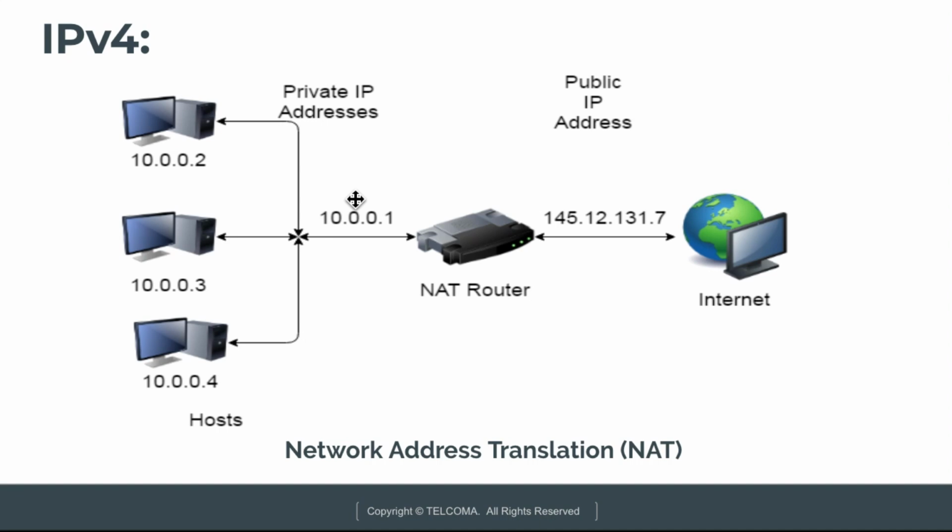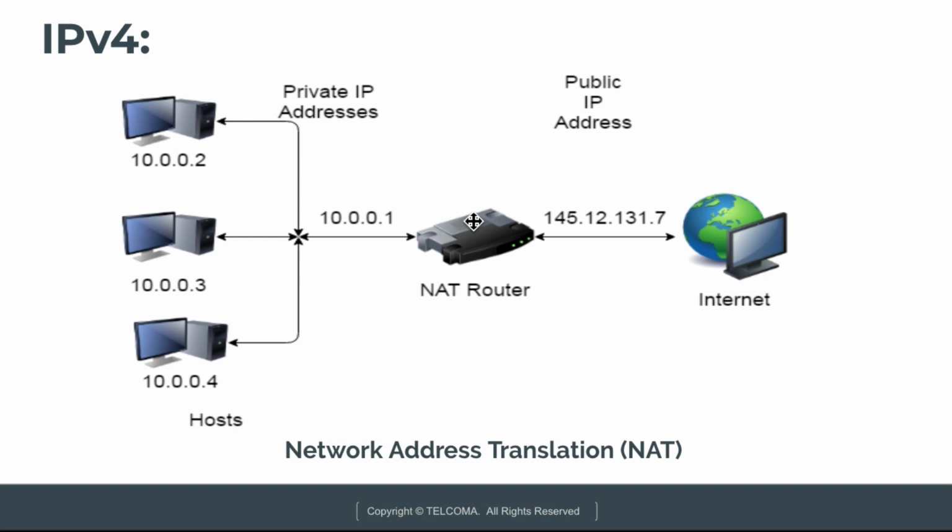If these computers want to communicate within the network, they will route the packet by using their private IP addresses. But if they want to access anything from outside the network, they have to use the public IP address for the external network. If any device from the internet wants to send a message to these devices in the private network, it will use this address, the message will be received by the router, and after this it will send the message to the devices in the private network.